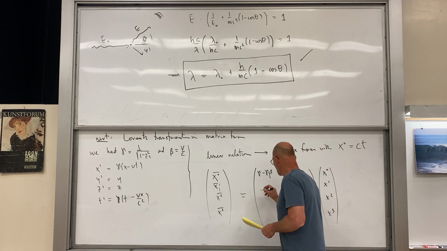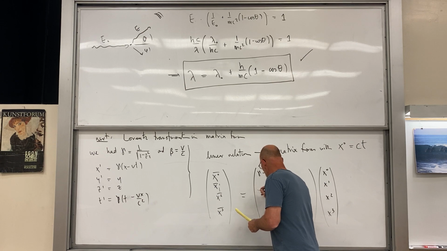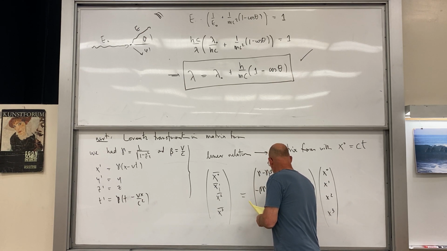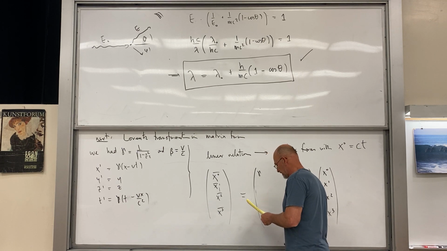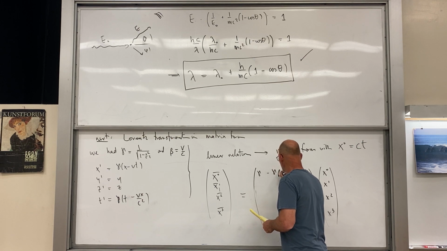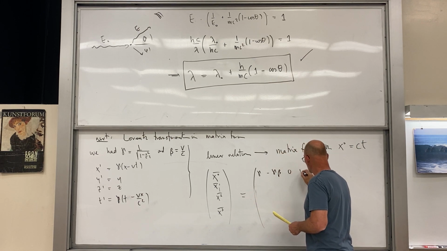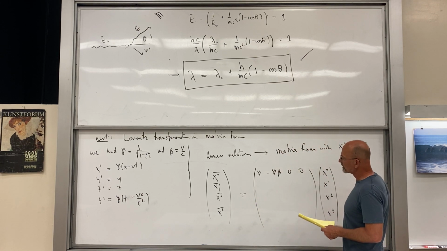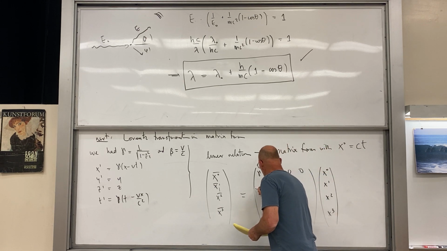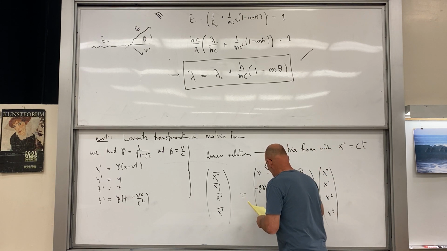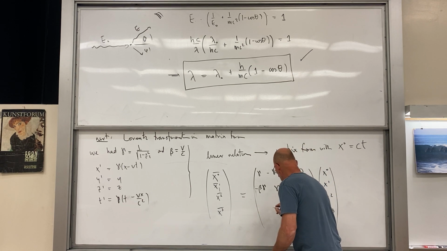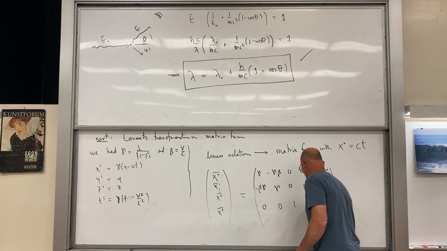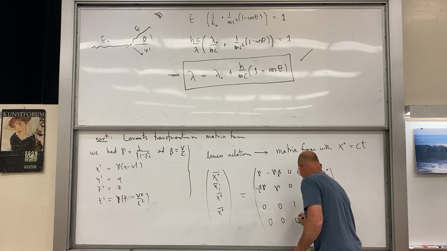Good. And then here we have minus beta gamma. Okay, gamma, minus gamma beta, 0, 0. Yeah, so row times column. Good. So minus beta gamma, gamma, 0, 0, 0, 0, 1, 0, 0, 1.